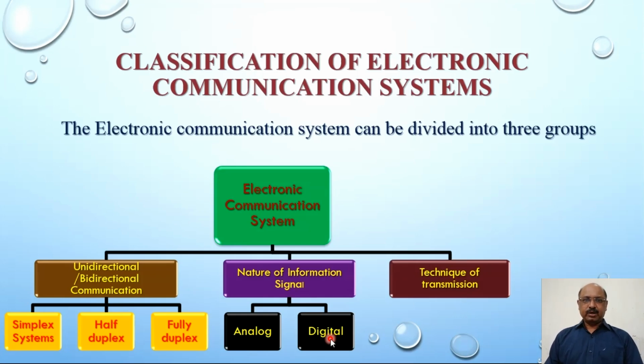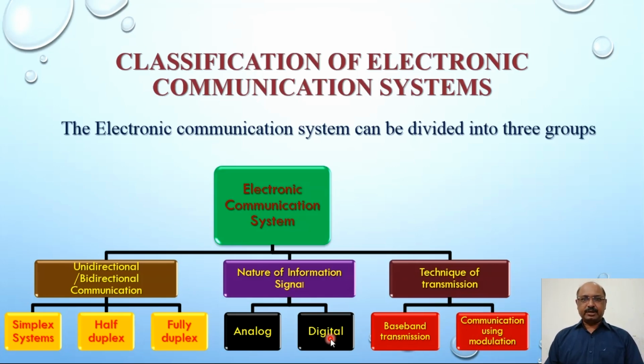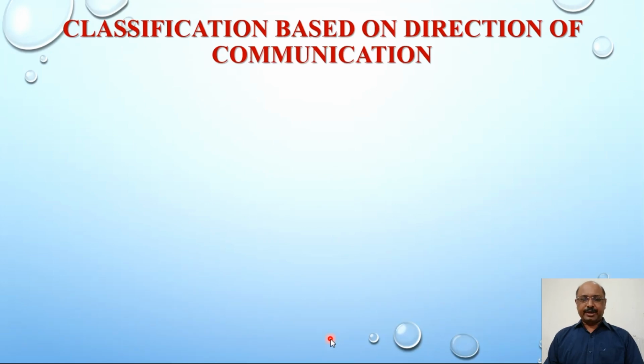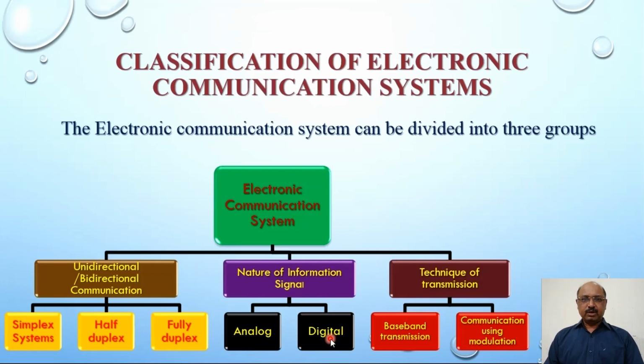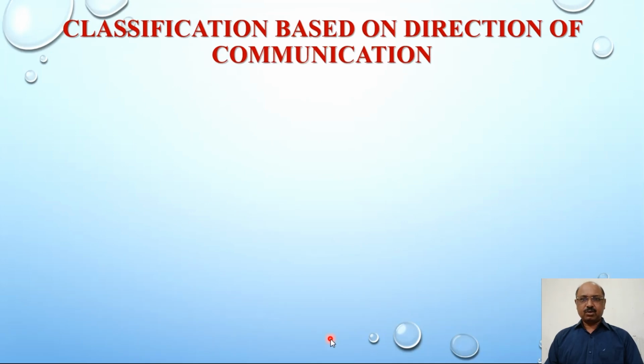And the last group, that is the technique of transmission, is subdivided into two categories: first is baseband transmission and second is communication using modulation. As we mentioned, there are three groups of communication system. Let us discuss them one by one.